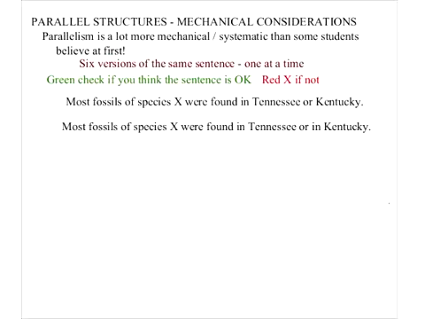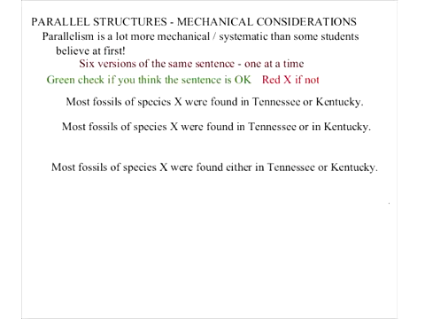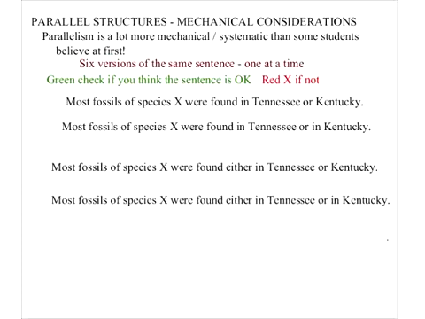Again, green check or red X. Here's the third one. Most fossils of species X were found either in Tennessee or Kentucky. Here's the fourth one. Most fossils of species X were found either in Tennessee or in Kentucky.